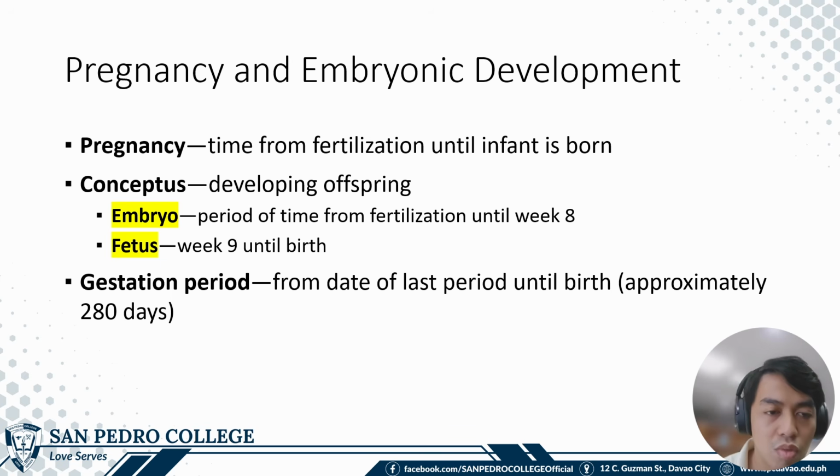We define embryo as the period of time from fertilization until week 8, and fetus if it grows more than 9 weeks until birth. Gestation period is from the date of last period until birth, which is approximately 9 months.